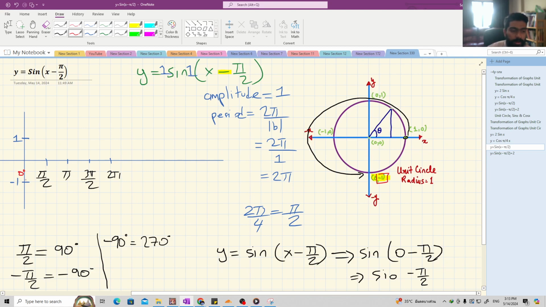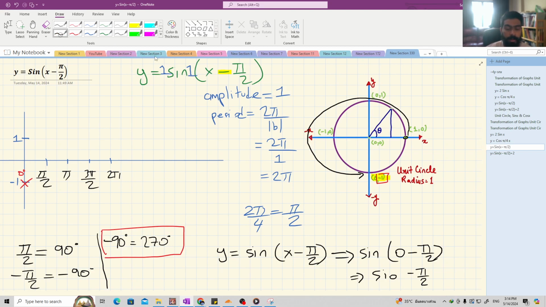So when we are at 0 degrees, we are going to be plotting at -1. The reason we found this is so that we know where the sine of this equation will be at 0 degrees. After that, it's pretty easy.